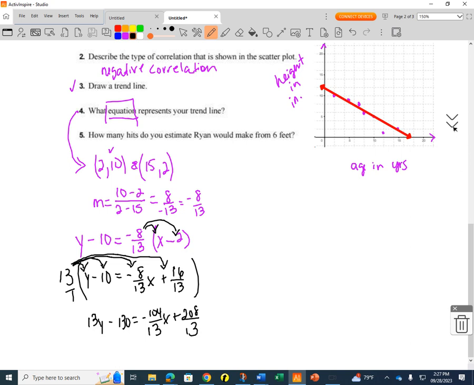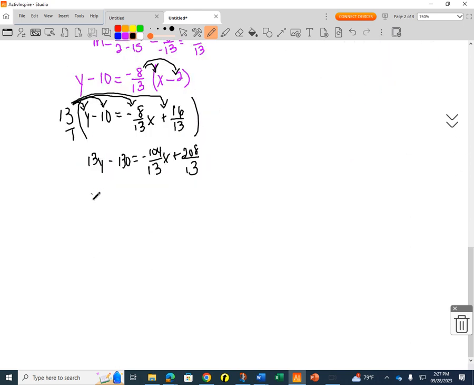So it looks pretty ugly right now, but 13y minus 130, 104 divided by 13 is actually going to be a whole number. It's going to be 8, so that equals negative 8x, and 208 divided by 13 is another whole number, so that's plus 16.